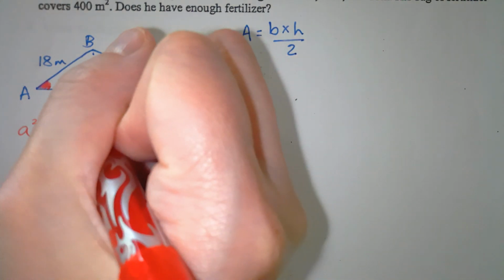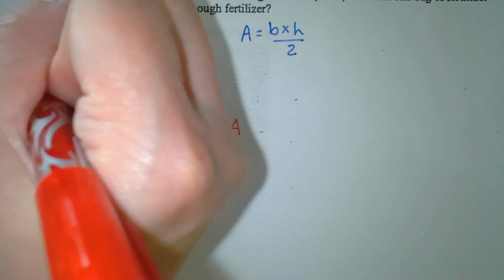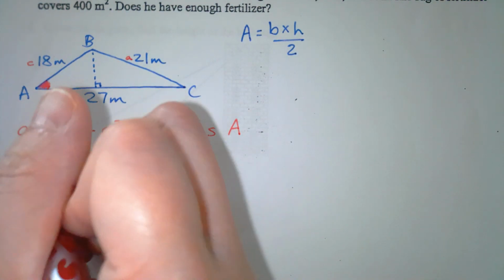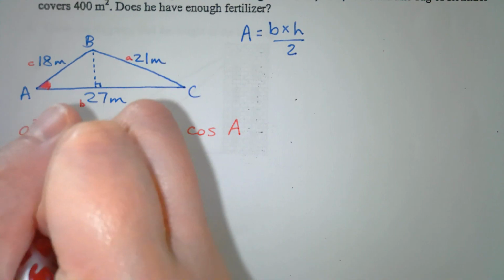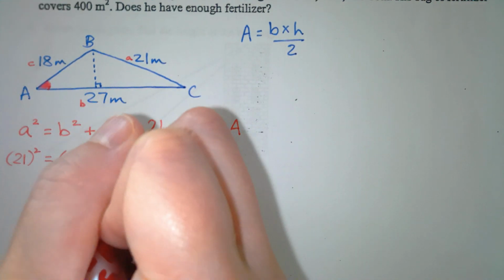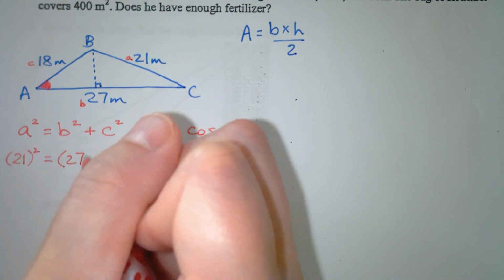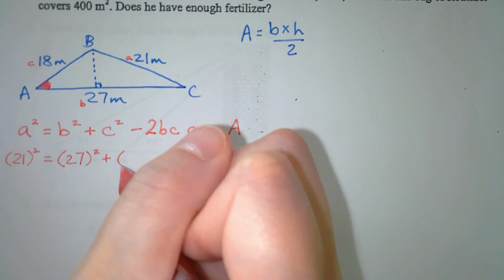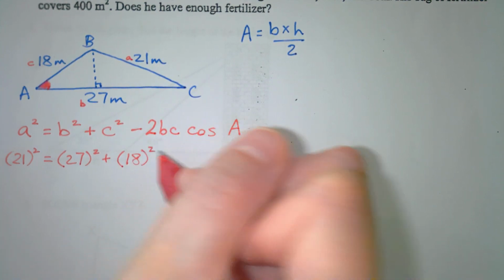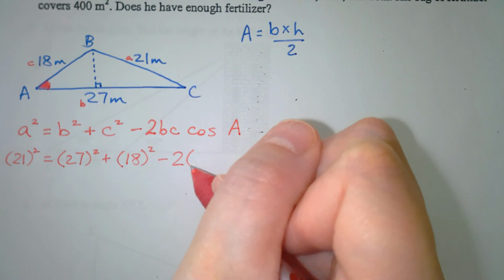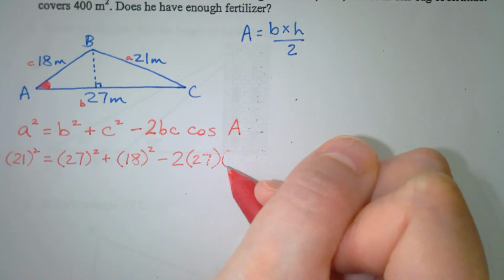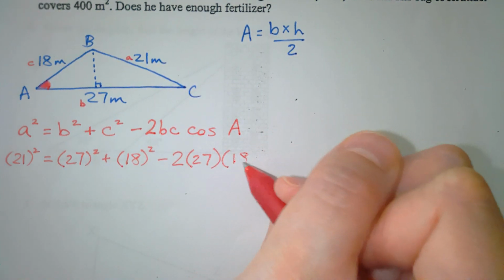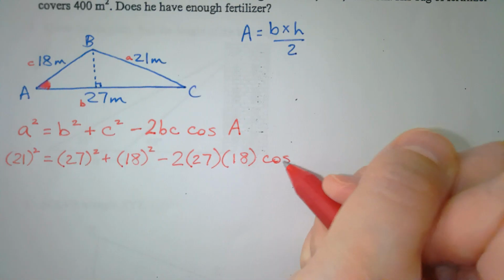This is B, this is C, this is A. So plug it in. 21 squared equals 27 squared plus 18 squared minus 2 times 27 times 18 cosine A.